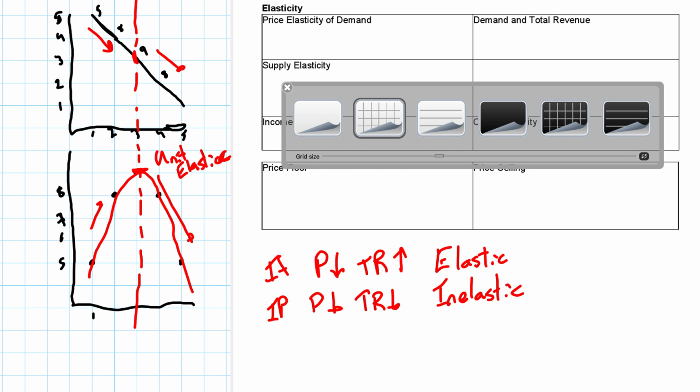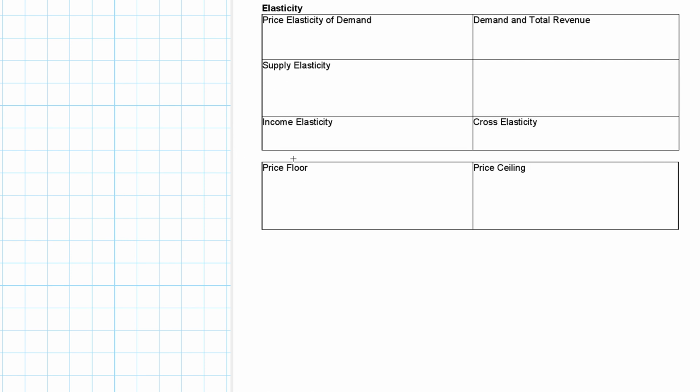All right, good. Supply elasticity. There's a couple different ways to look at this. One is over time. Right now, in the immediate situation, supply is perfectly inelastic. If a bunch of people show up at your shop, there's really nothing you can do to increase your supply. You've got the workers you've got that day.